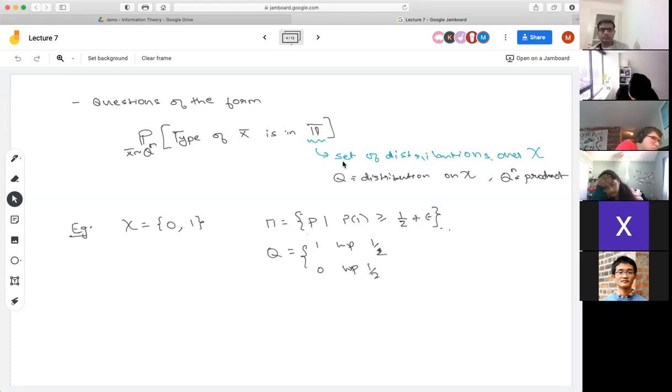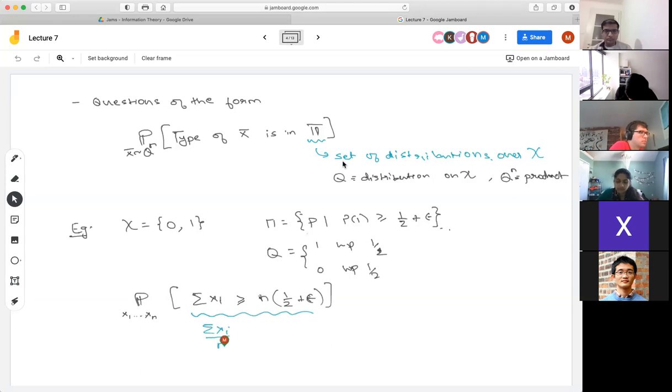Another way of stating this is that if I'm looking at x1 to xn, which are sampled uniformly, then what is the chance that summation xi over n is greater than or equal to half plus epsilon?